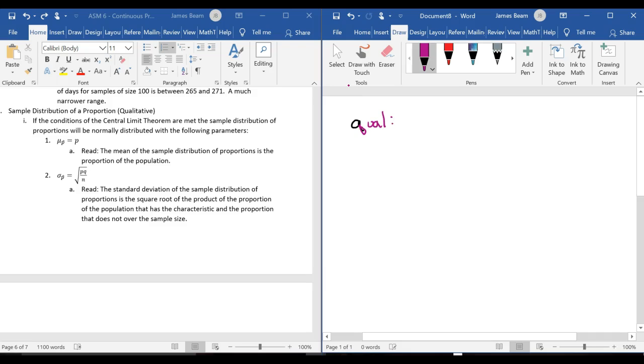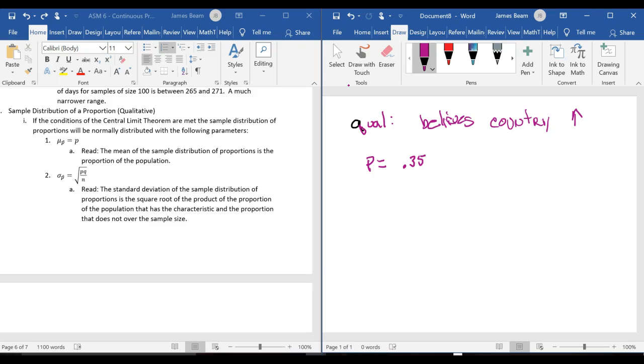The example I used here was whether someone believes the country is moving in the right direction, right? So the country's getting better. Let's say in the actual population, the proportion of people that believe the country is moving in the right direction is 35%.